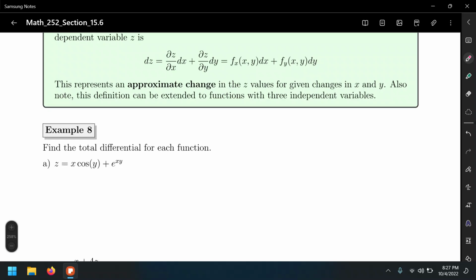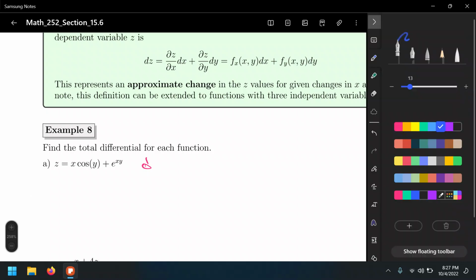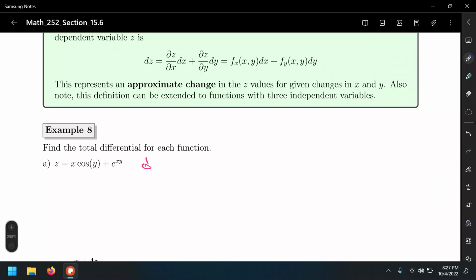So let's do a couple of examples and find the total differential for these given functions. Number 1, to find the differential dz, that's partial z with respect to x dx plus partial z with respect to y dy. So we need to find the partial derivative with respect to x.